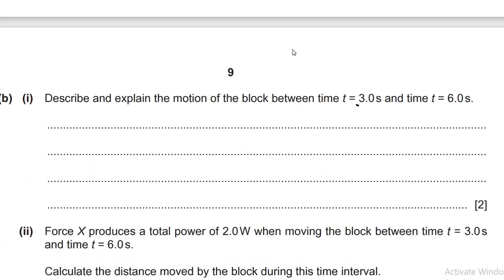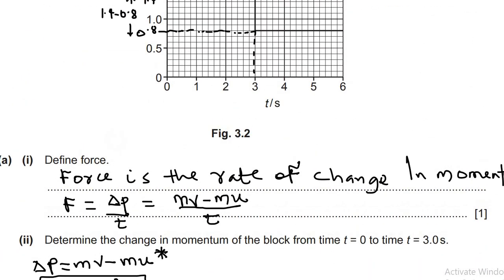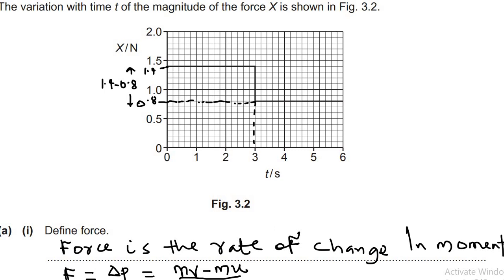Describe the motion between t equal to 0 and t equal to 6. Now let's go back. It is 2 marks, 2 points. If you have more than that, put it. Between t equal to 3 and t equal to 6, check it. At this point, the force is constant. Force is constant at 0.8, it does not change. Remember, what brings about force? Acceleration.